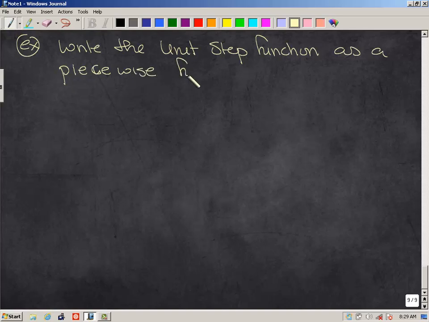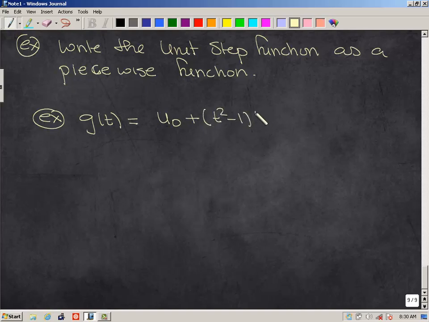So we want to do the opposite of what we just did. So let's take a look at two examples of that really quick. Okay, so let's say that I have been given, I'll call this g of t. G of t is equal to, I have u of 0 plus t squared minus 1 u of 2.